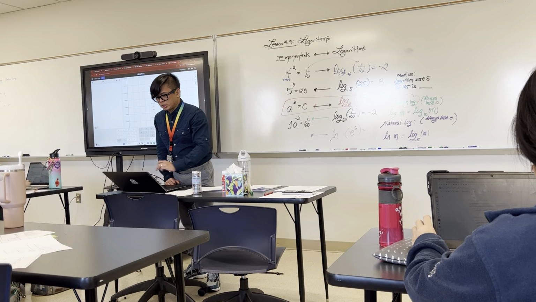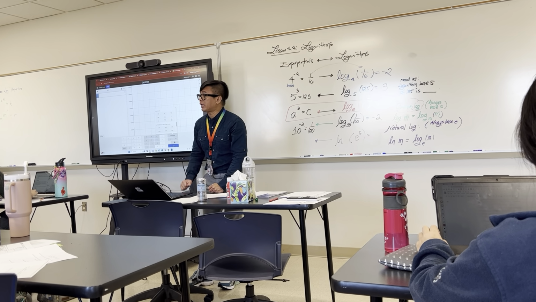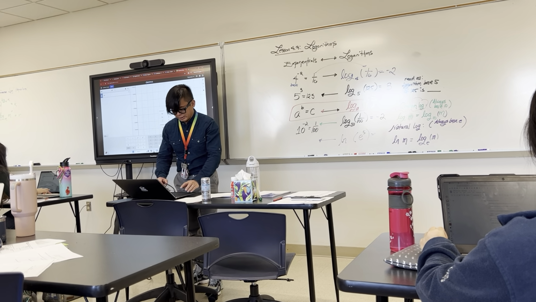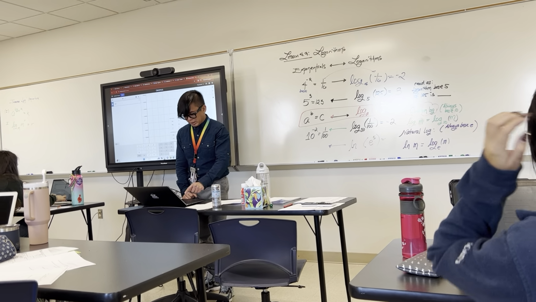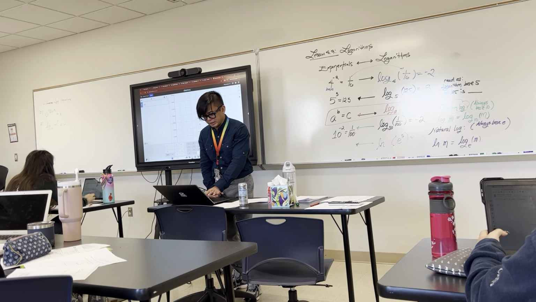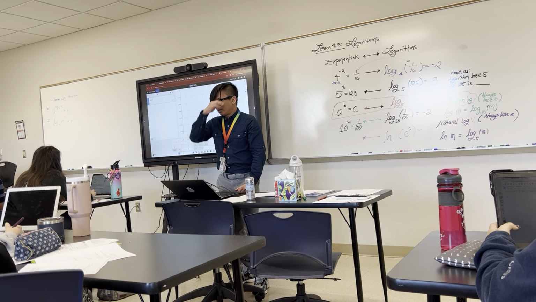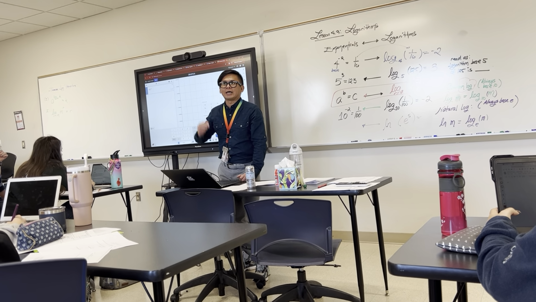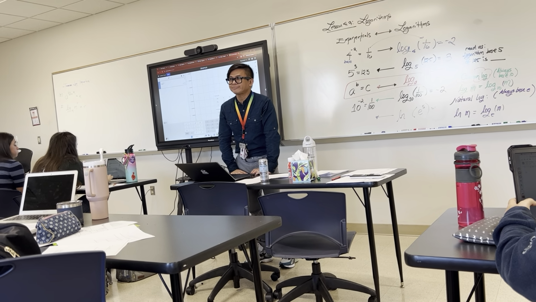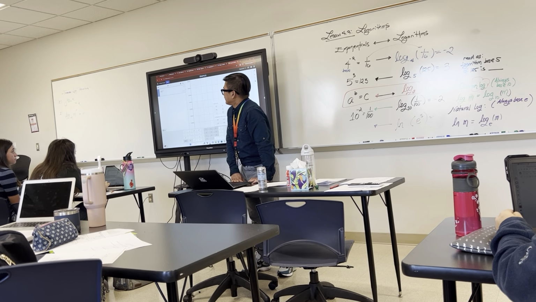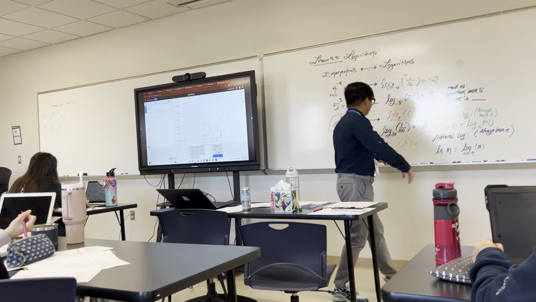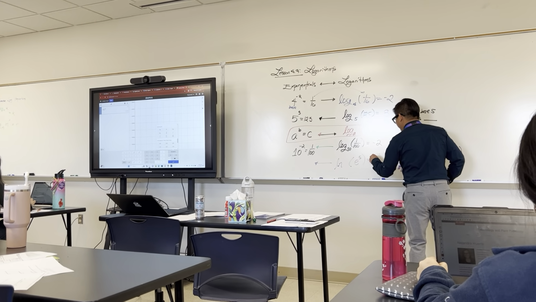You can just type it in again: ln, parenthesis, e, shift 6, 5th power. What did you get as an answer, guys? Eva? 5. Get it? So when you say ln e to the 5th power, automatically that's 5.